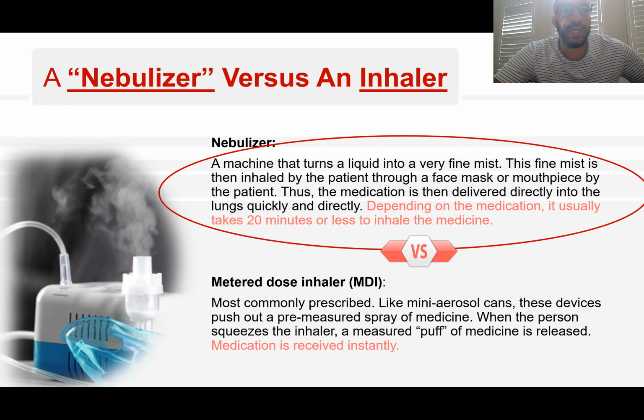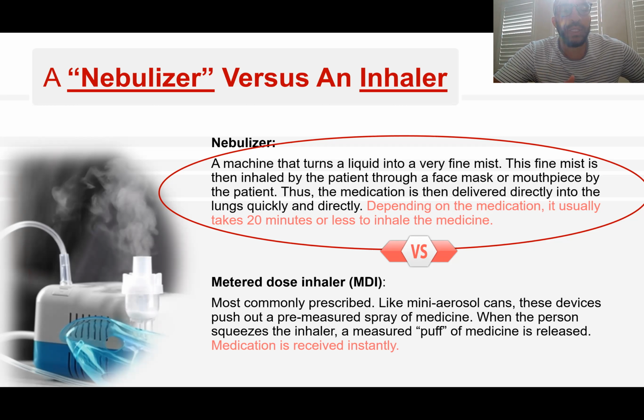Now, the difference between a nebulizer and a metered dose inhaler. The name alone should tell you a lot about the inhaler. It's a metered dose, which means that you can dial in a certain meter or amount of a medication to be inhaled.